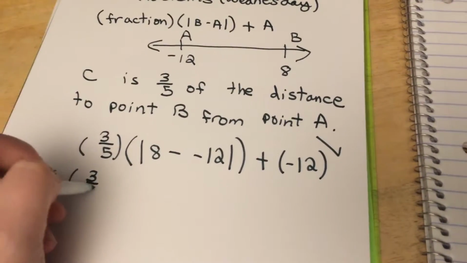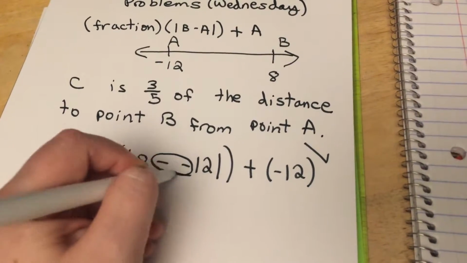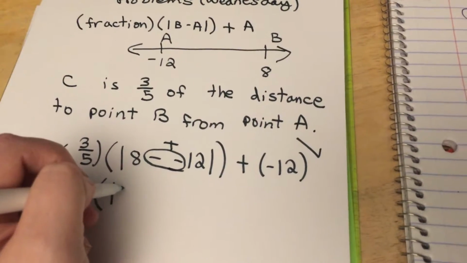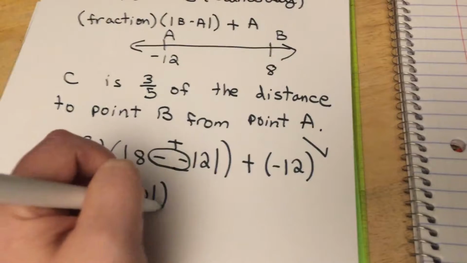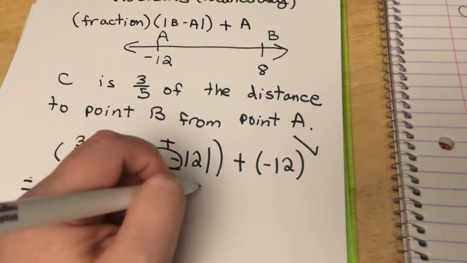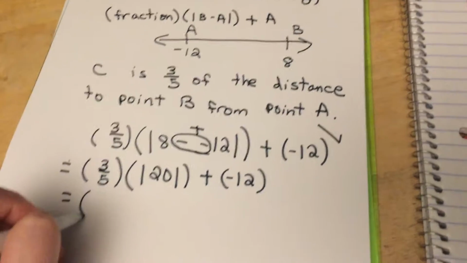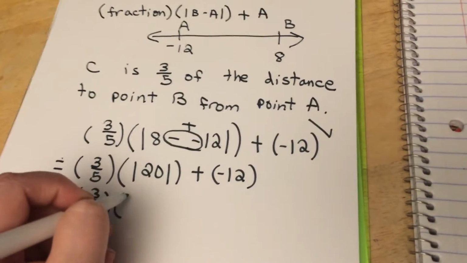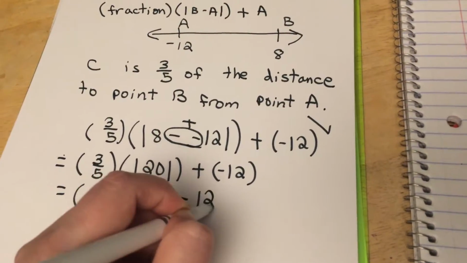So we have 3/5 times, now again, two negatives create a positive, so we have the absolute value of 8 plus 12 is 20. So we have the absolute value of 20 plus our negative 12. Then the next thing, we have 3/5 times 20, minus our 12.